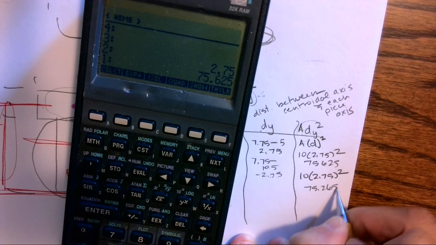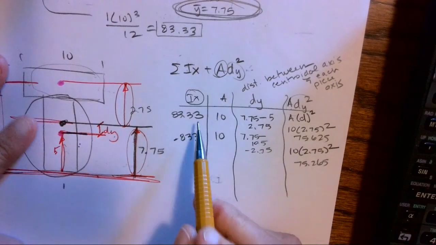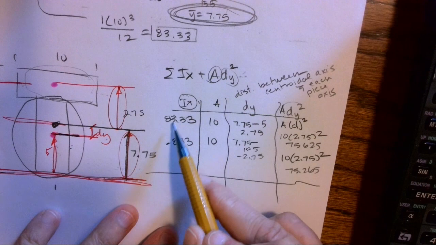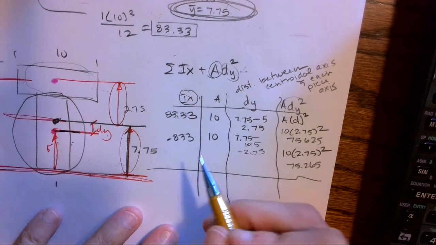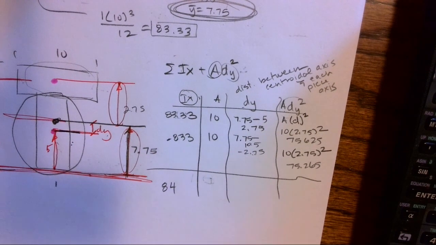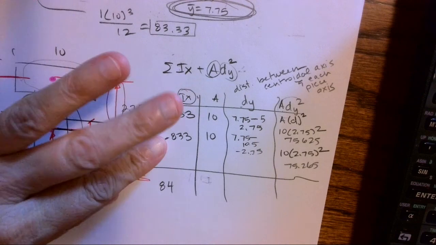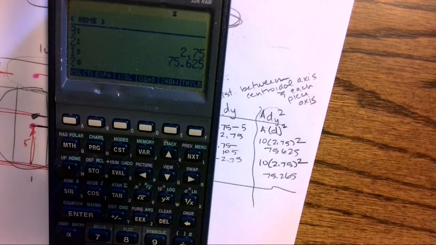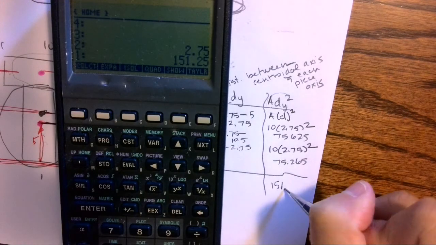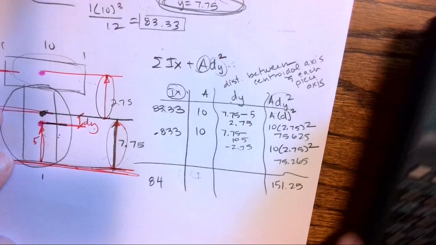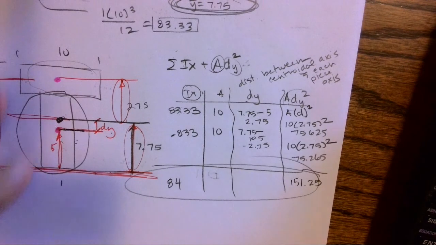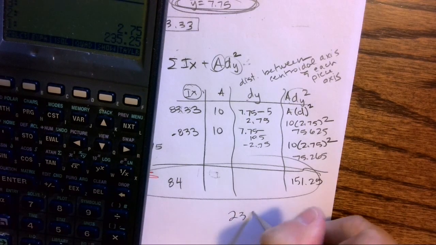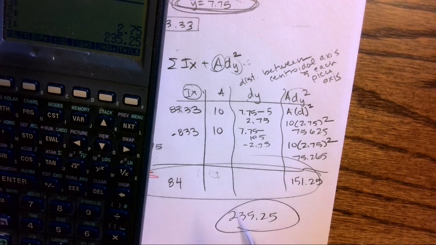And so the important columns are clearly the moment of inertia of the individual. And if we add this up, we don't get much more than about 84. When I put these two individual 1x10s together into a system, I now get to add this additional 151.25. So now as a system, 235.25 is my moment of inertia, okay?